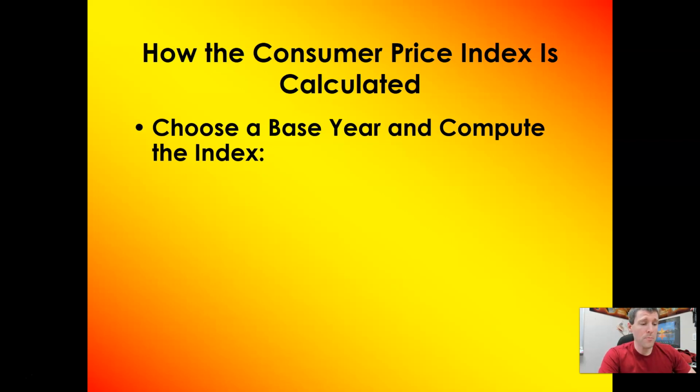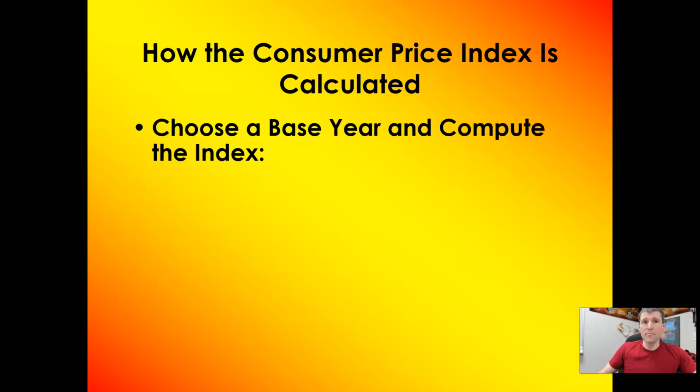We're going to look at what the market basket was in that base year, and then every other year will be compared against what it was for that base year in 2015. So if we're going to be analyzing 2018, we'll compare it against what things were in 2015. If we're going to analyze what things were in 2005, we will compare against that base year of 2015.